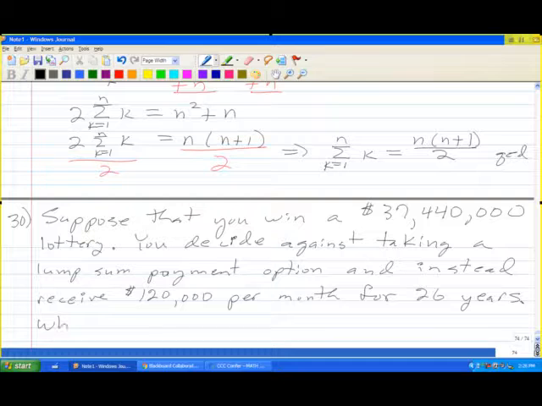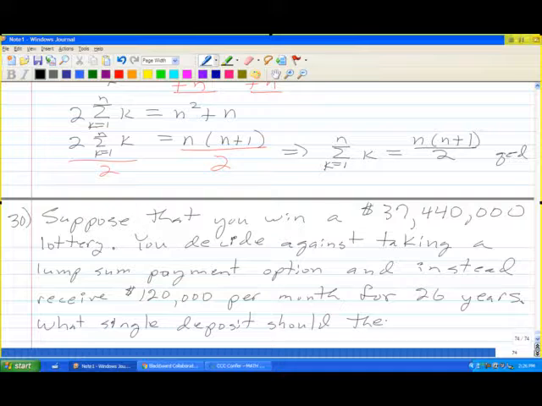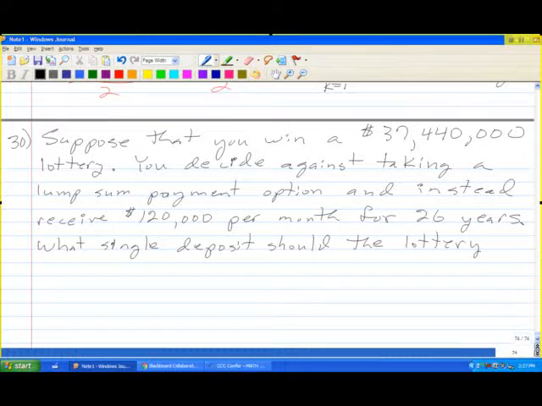What single deposit should the lottery commission make now to fund your lottery winning?